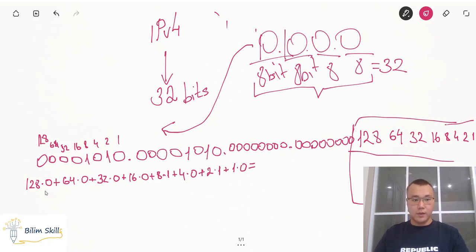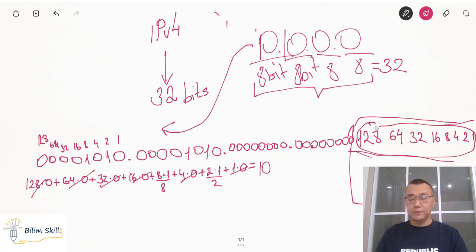In sum, it is 8 plus 2, and you will get 10, right? So that is how we convert our decimal format to binary format. I guess you have to learn these numbers, and they will be very helpful for you in the calculations.